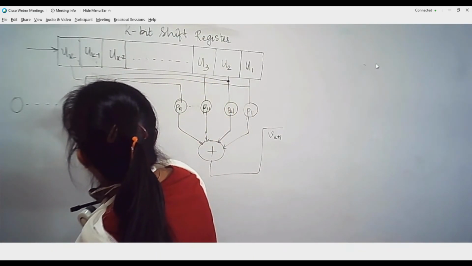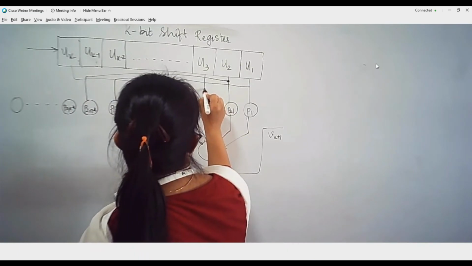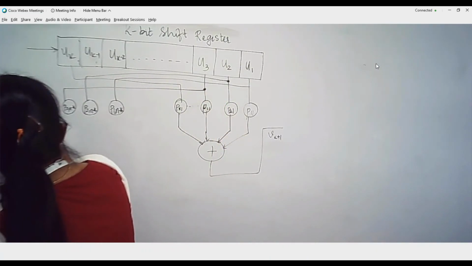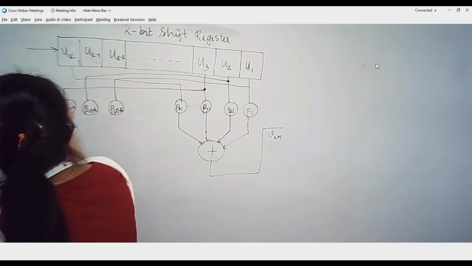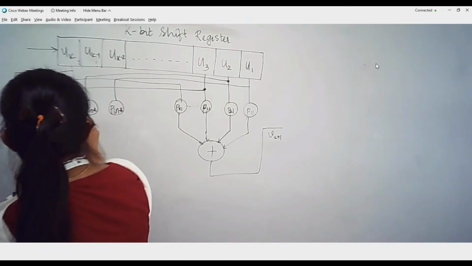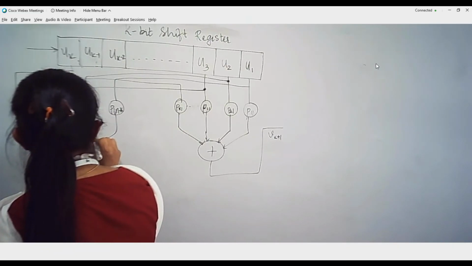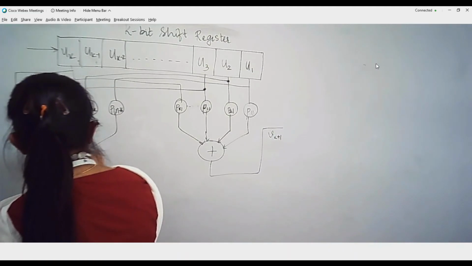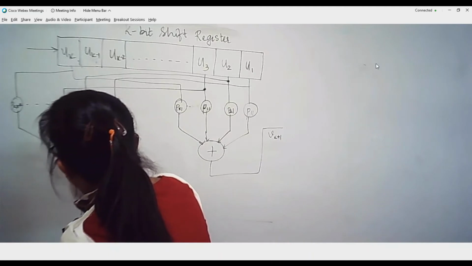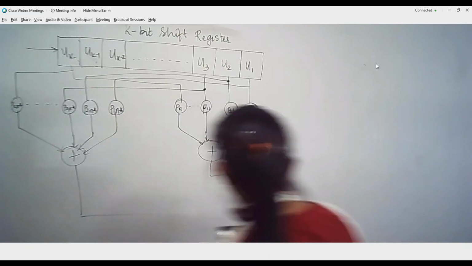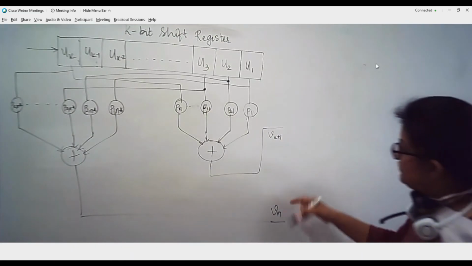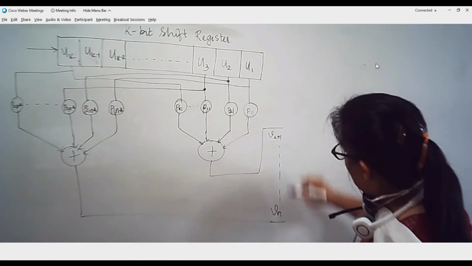P3,n-k is multiplied with U3. The last one is Pk,n-k, which will be multiplied by Uk. Then you add everything together with a modulo 2 adder to obtain the last parity bit, or the check bit, which is V of n. So this will be V of n, and this will be V of k+1.